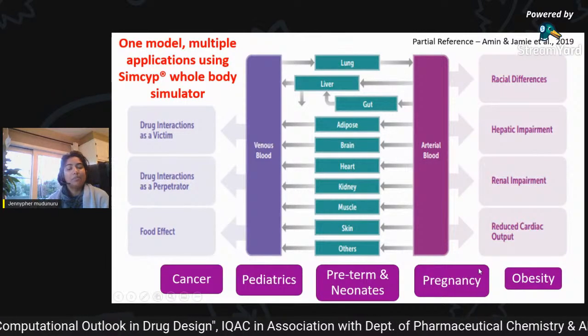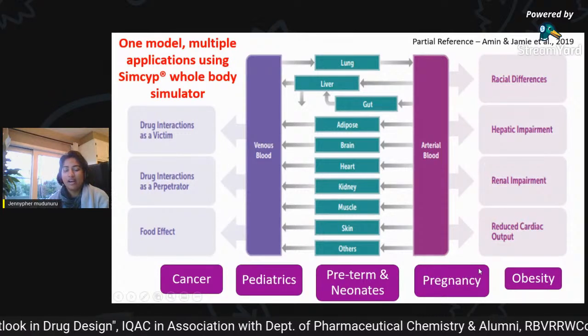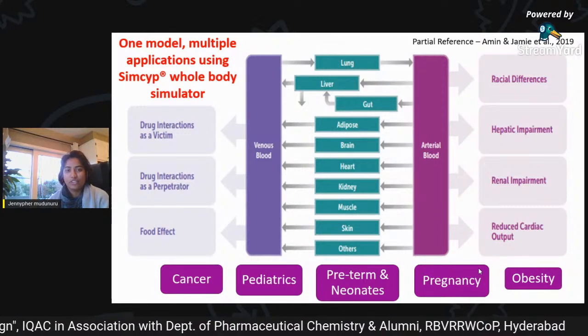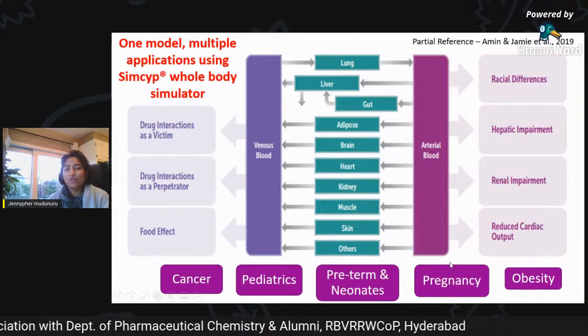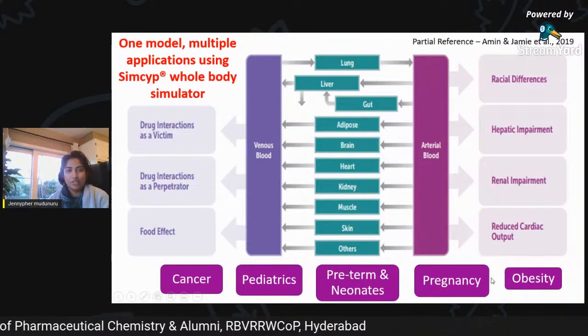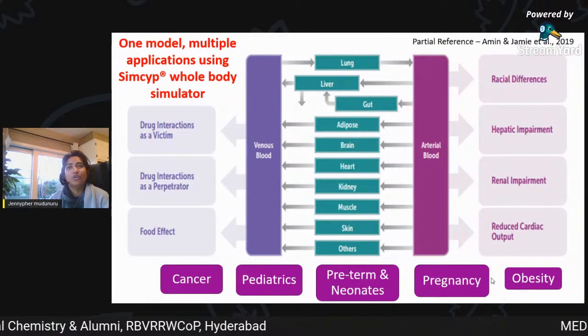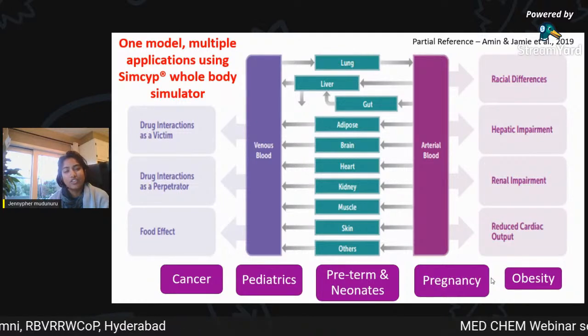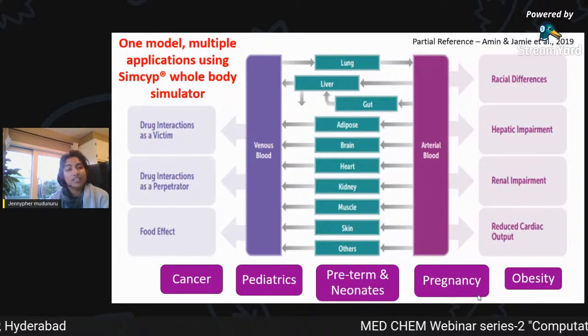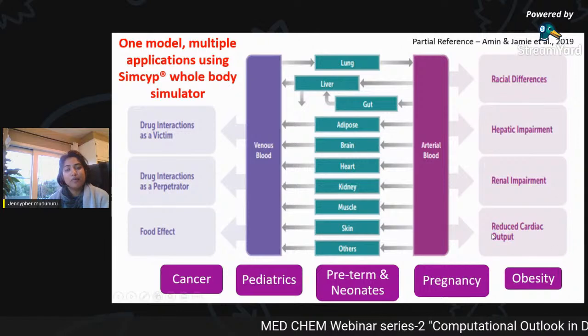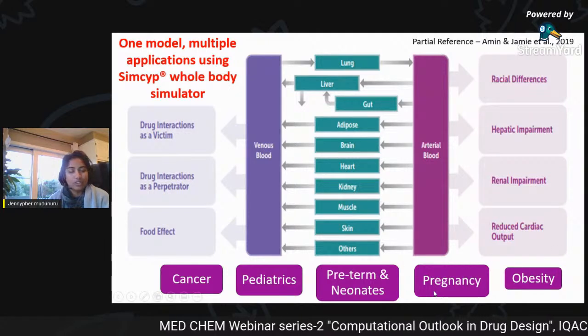Most of the clinical trials, in the inclusion exclusion criteria, normally don't include the pregnant population because of the effects, and you don't know how the placenta will transfer the drug. It might affect the fetus. So it's a population that you don't normally recruit in a clinical study.